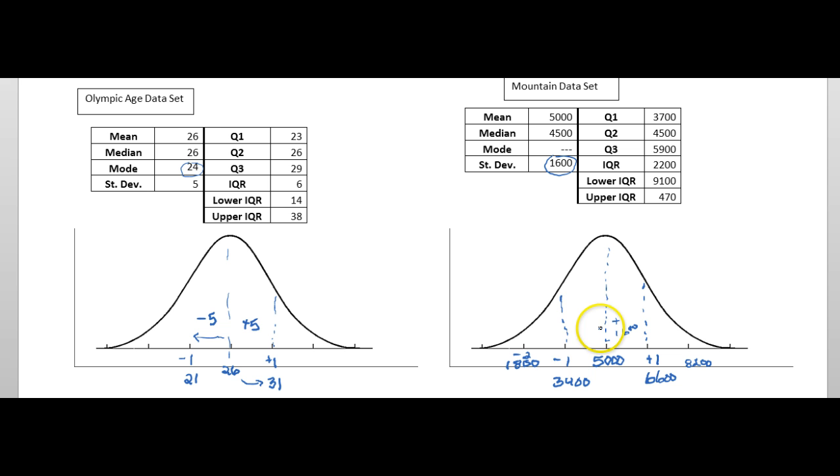It's standardized because we can call it +1 and -1, and +2 and -2, so that we can compare otherwise incomparable data. I mean, what does Olympic ages have to do with mountains? Nothing, but we can talk about them in terms of a +1 and a -1 of a standard deviation.